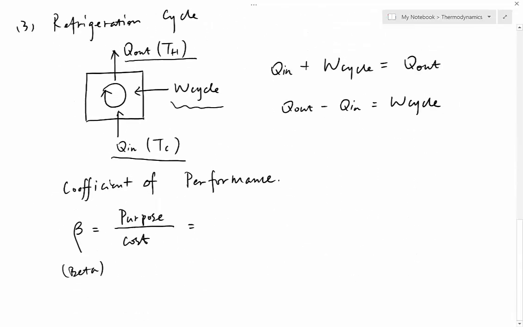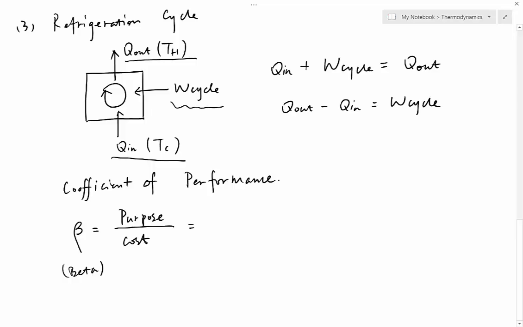And when we move on to the refrigeration cycle, you will see beta is possible to go above 1. So to avoid any confusion, we give beta a different name. We call it coefficient of performance only because the value can go above 1. So that's why we do not call it efficiency, even though it has the same definition as efficiency.